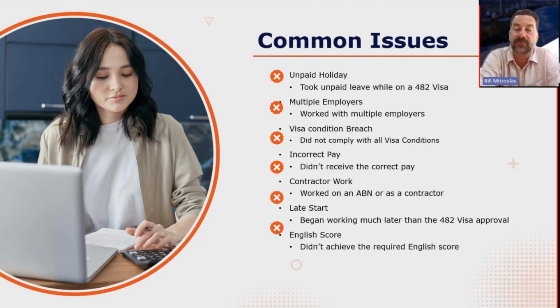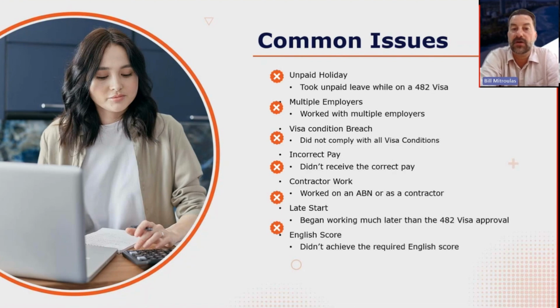Where it does become an issue, or a bit more urgent, is, for example, if you're on a short-term stream TSS visa, and your occupation was removed or wasn't included in the CSOL. Then it becomes pretty urgent that we tackle this issue as early as possible to secure your path as a permanent resident.